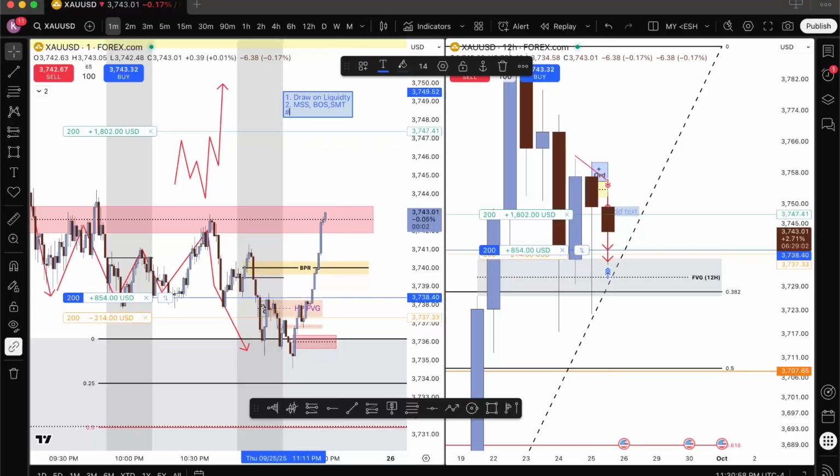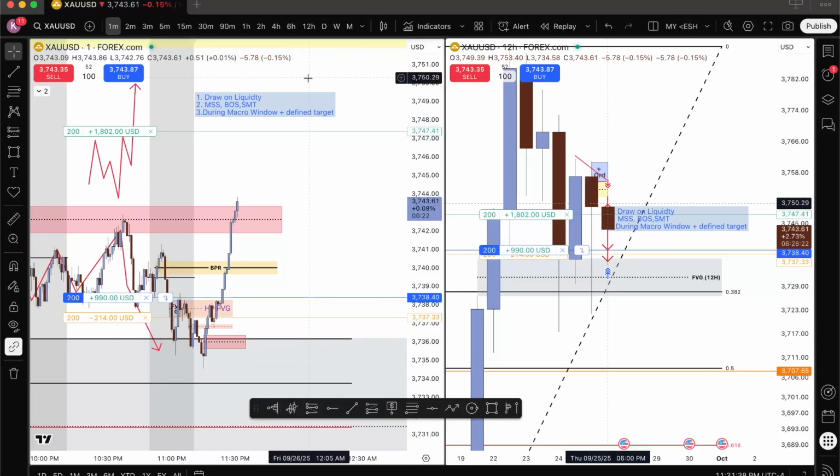And the third thing is, am I during a macro window? All of my trades are during the macro windows anyways, right before or right after. Plus a defined target.